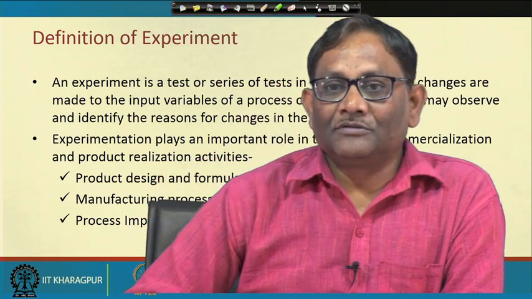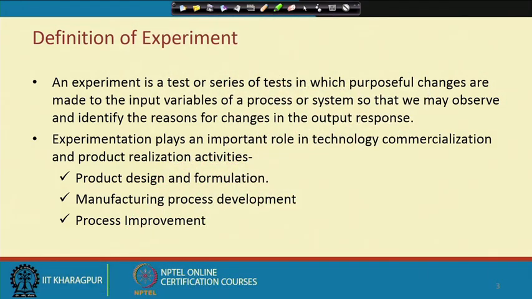So, let us first know what is an experiment. Before giving the formal definition, let me give one example. Suppose you are tossing a coin, then you will find out that after the first trial you will either get head or tail.